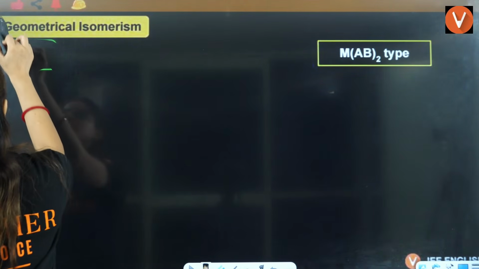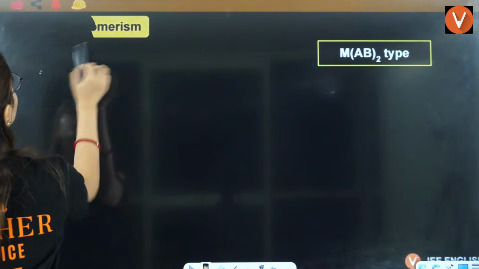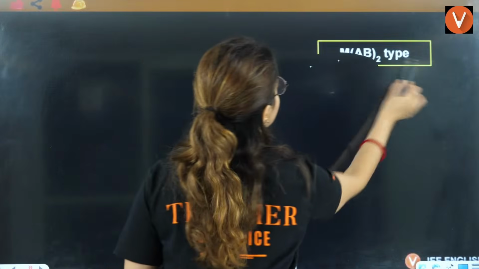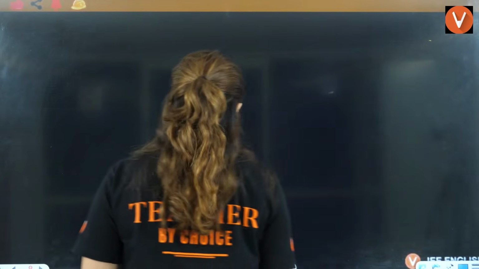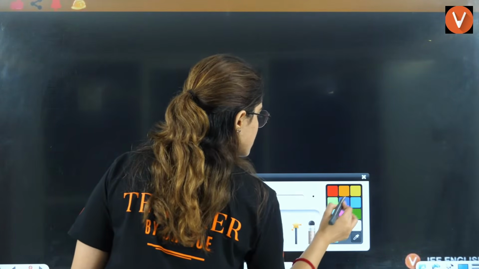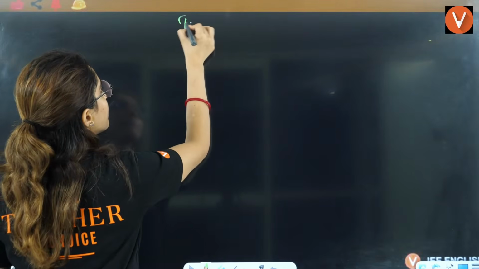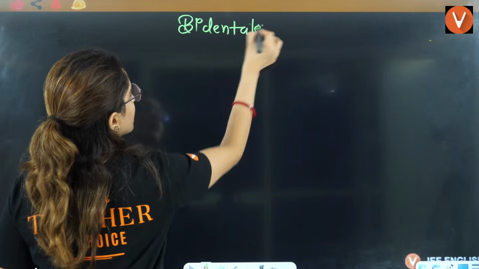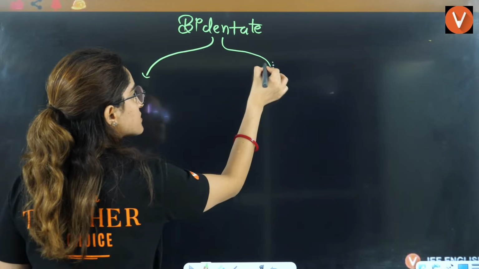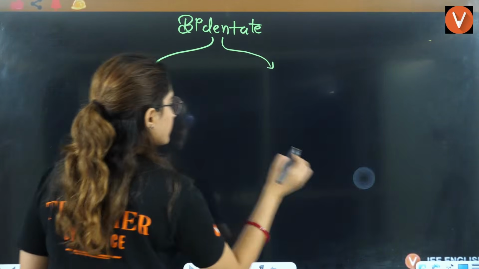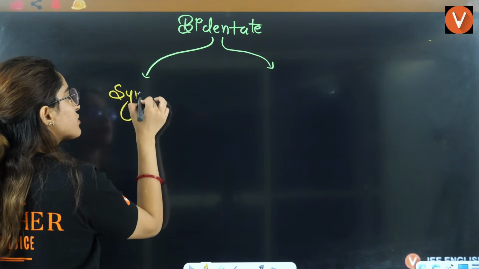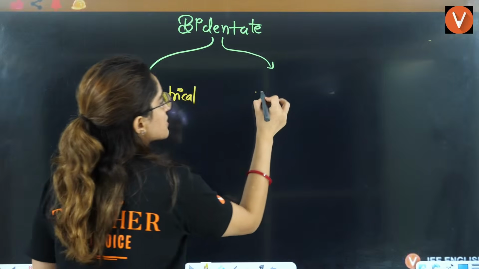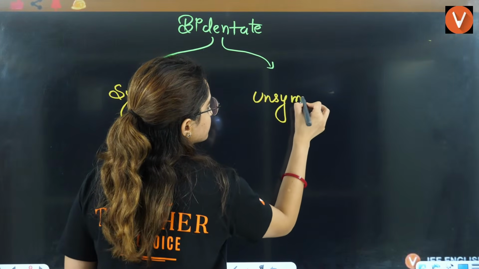Basically, we have two kinds of bidentate ligands. One is symmetrical, the other is unsymmetrical.